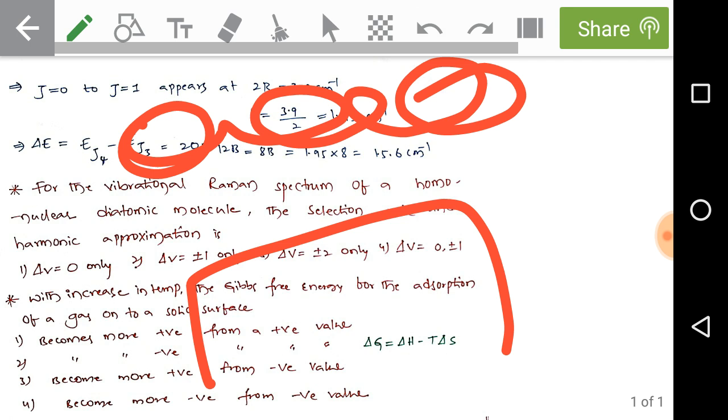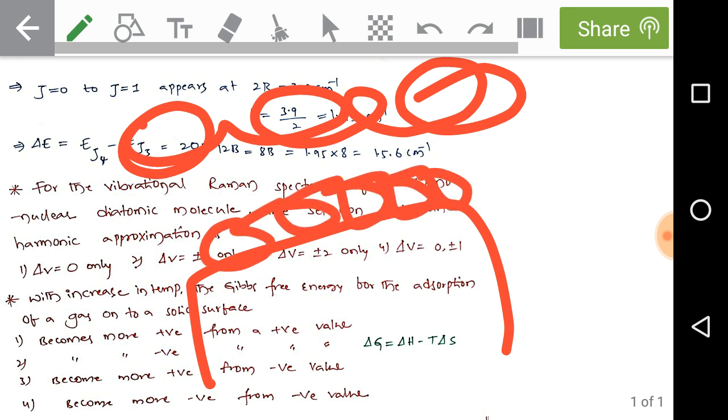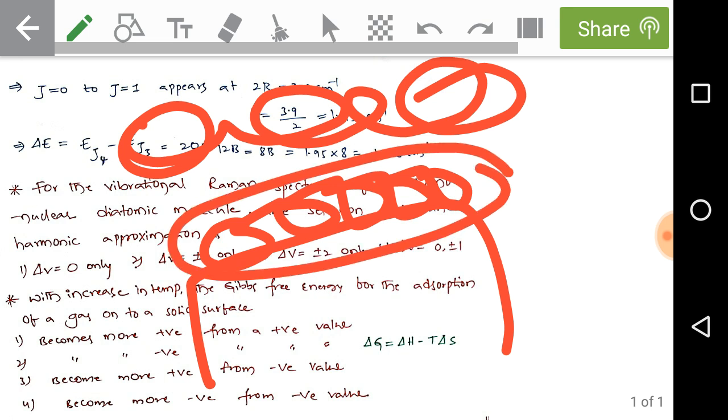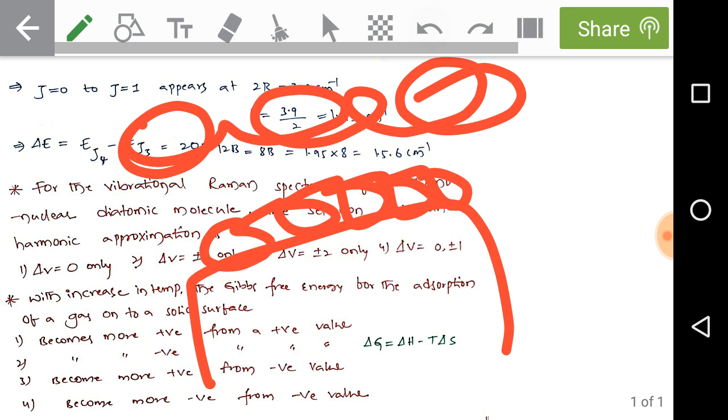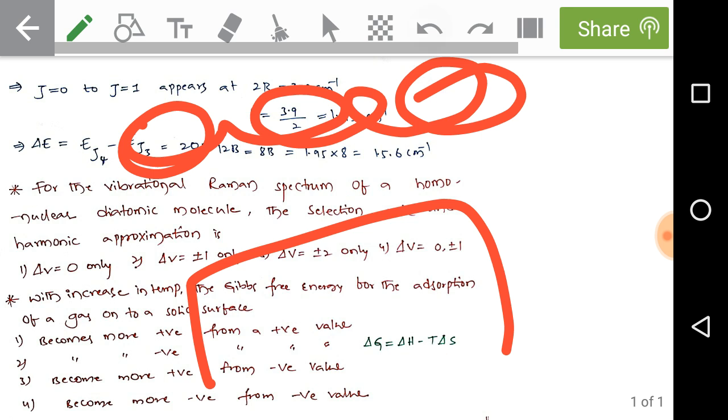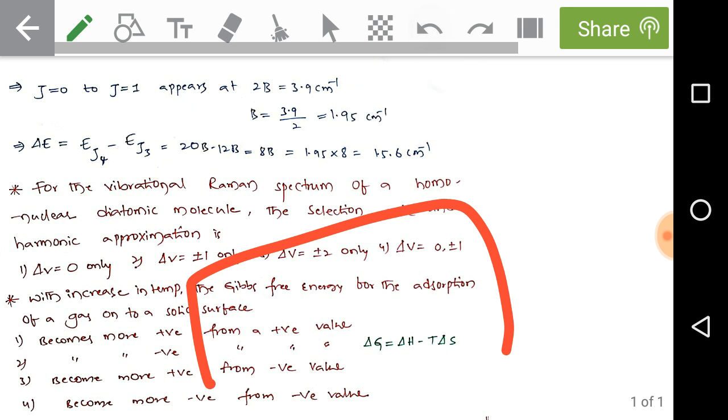Many times it is a gas, which is in a random state, so the entropy of the adsorbate is high before being adsorbed on the surface of the adsorbent. Whenever the gas is adsorbed, it has a systematic arrangement on the surface of that adsorbent. In that case, entropy decreases. Okay, so here delta S is decreasing.